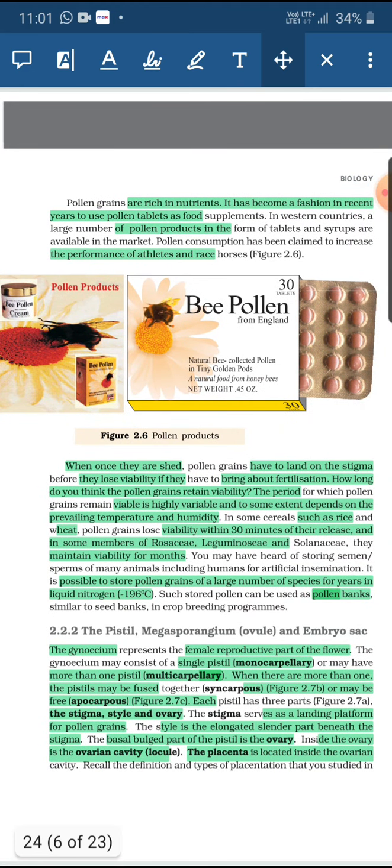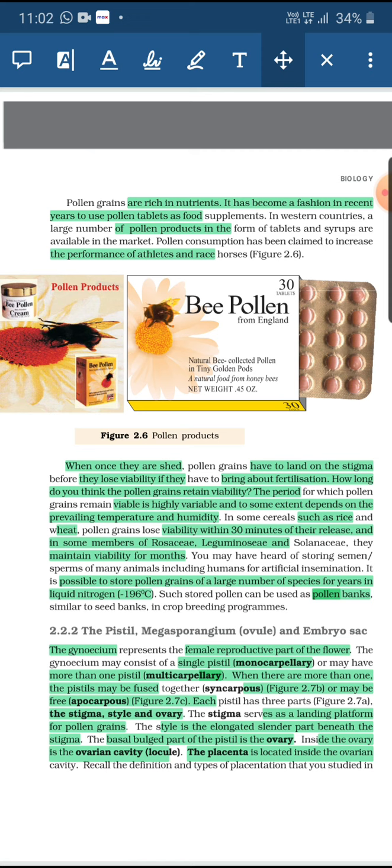Now the pollen grains are also rich in certain nutrients, and it has become a fashion and a recent trend to add food supplements that have pollen tablets in them. Many people are taking pollen tablets in their diet.